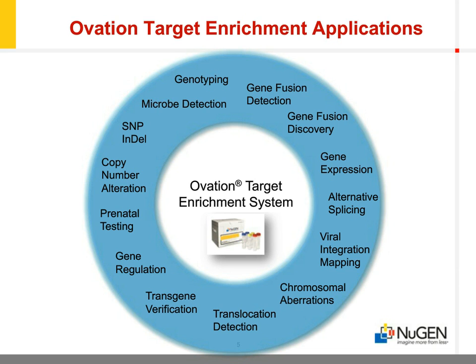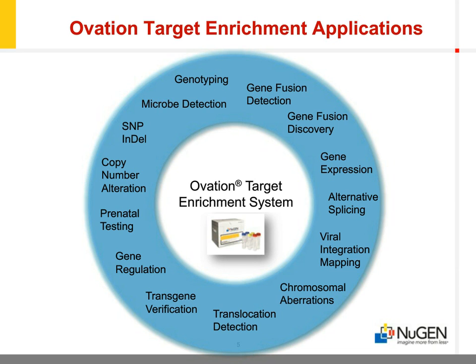The Nugen Ovation Target Enrichment System makes available a single low-input workflow that is applicable to a variety of different workflows and applications. In addition to genotyping, the system can also be applied to interrogation of cancer-related aberrations, including mutations, CNVs, and gene fusions.